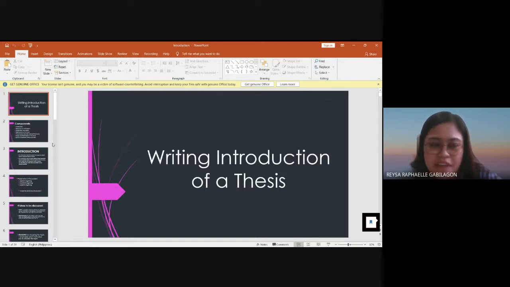So, walang available na solution. Yan yung pinakaunang factor na i-consider natin if we are thinking about the problem that we will pursue, okay, in the MS na thesis.